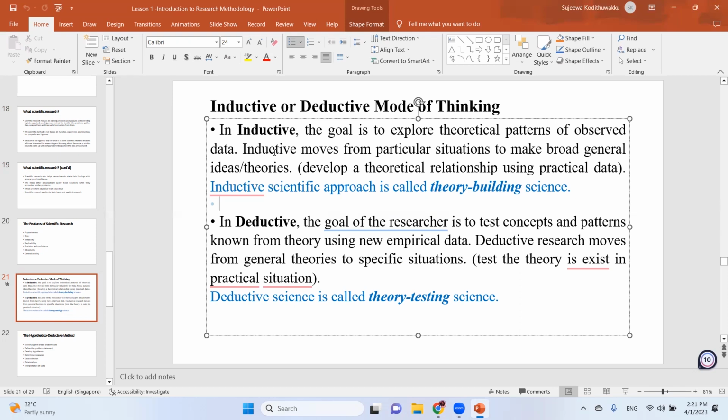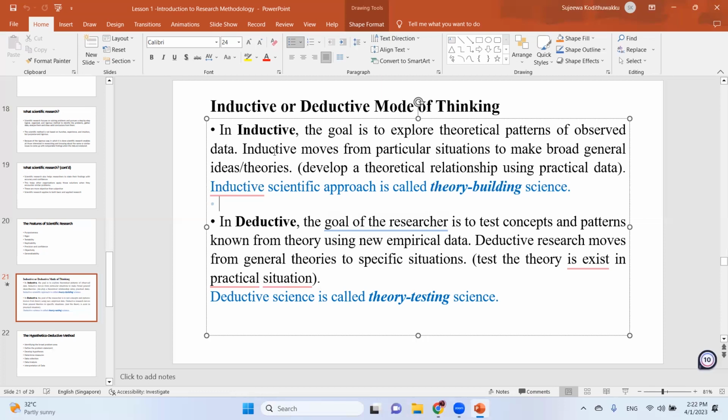Somehow you selected financial institutions or commercial banks in Sri Lanka, then you recognize a special problem or issue in commercial banks in Sri Lanka, and then you collected data, and then you conducted scientific research, and at the end you identified a new theory, right? Relationship or whatever theory. So at the end you developed a new theory.